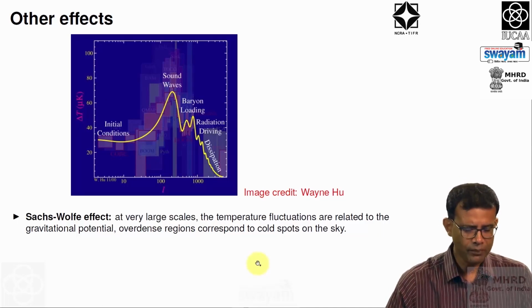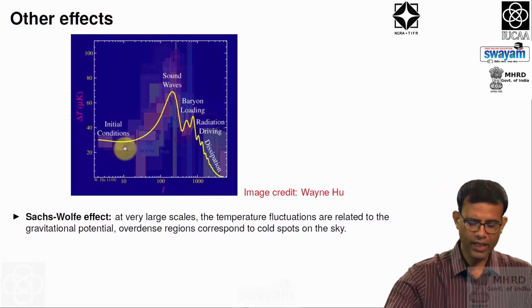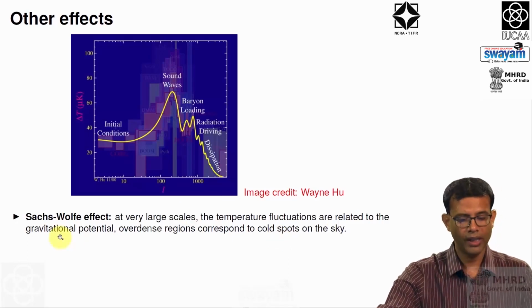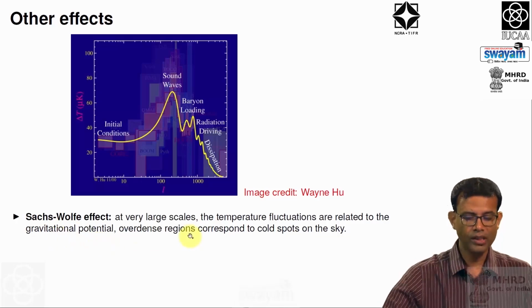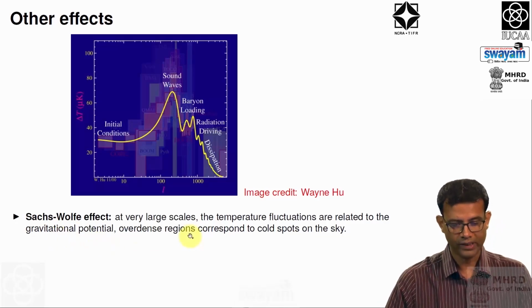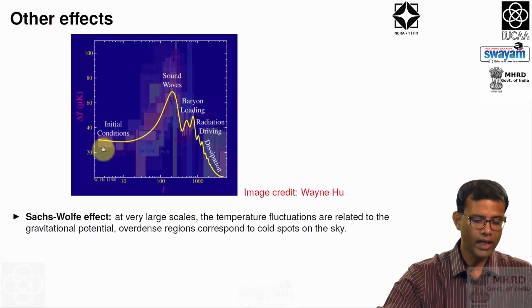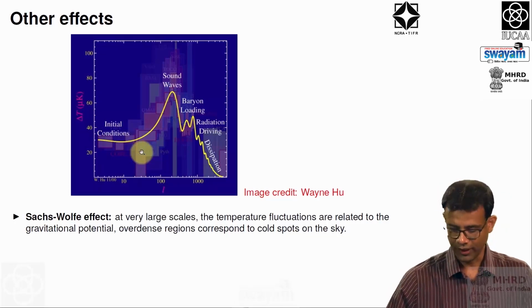For example, there is something called the Sachs-Wolfe effect at very large scales, that is, very small values of L. The temperature fluctuations are related to the gravitational potential at the last scattering surface. In the sense, overdense regions correspond to cold spots in the sky, and that has a prediction for how the CL will look like, and that is imprinted somewhere here at large values of L.